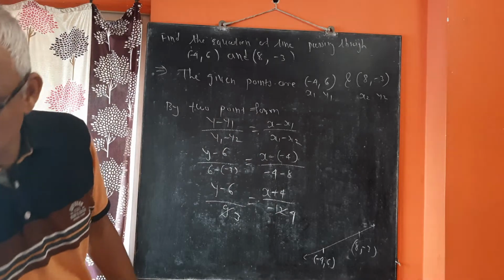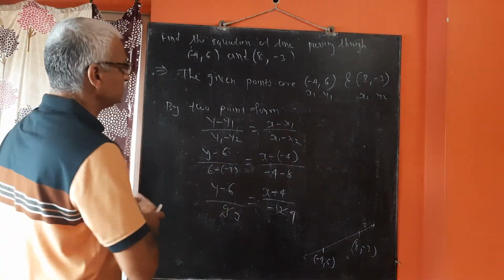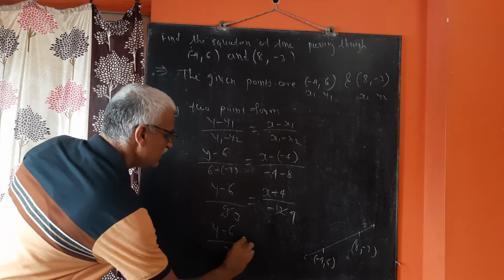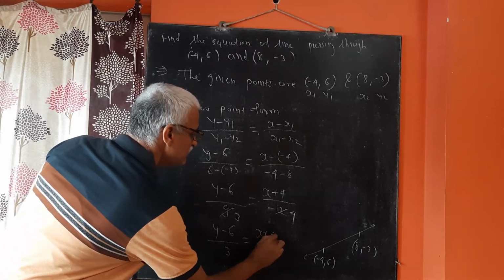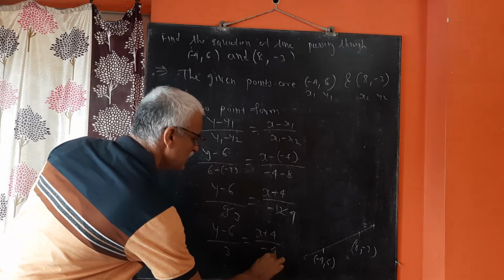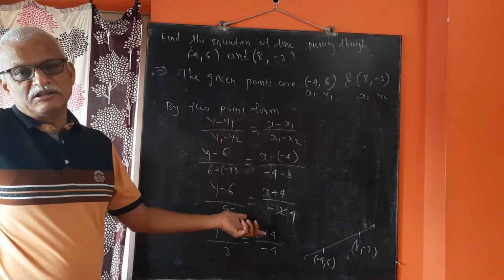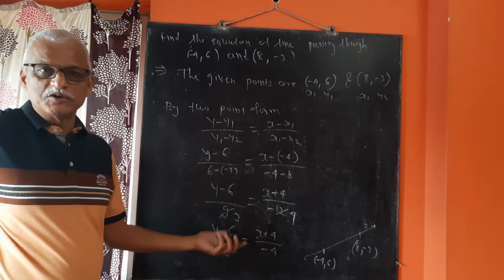That means the complete equation can be written as (y − 6)/3 = (x + 4)/(−4). It is always better to write the numbers in the smaller form, if possible.